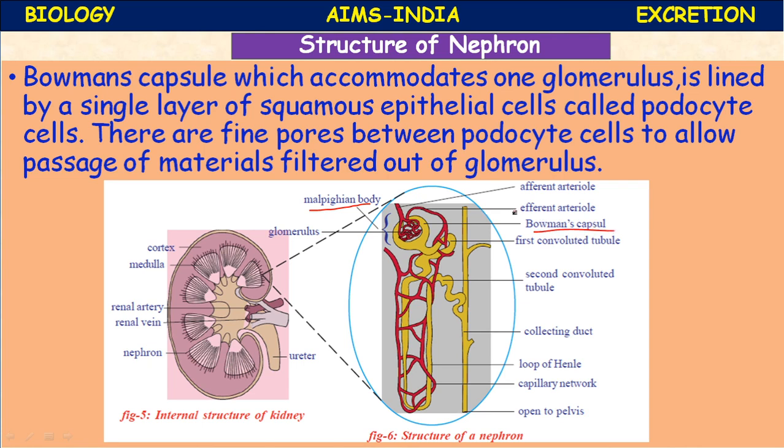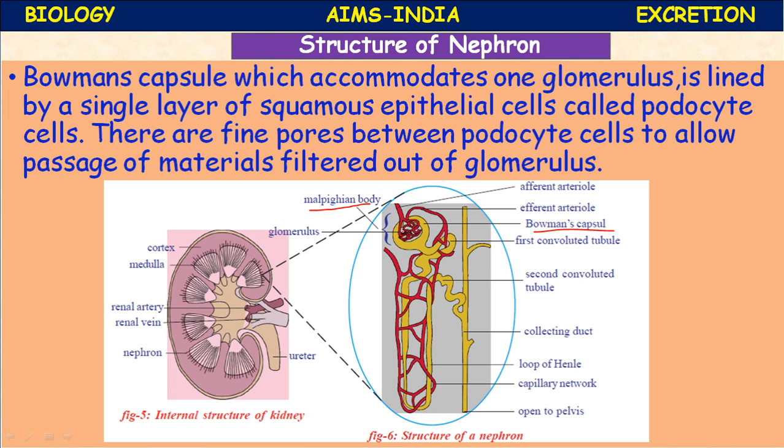The artery entering the nephron is the afferent arteriole. The renal artery is divided into minute capillaries called afferent and efferent arterioles. The afferent arteriole enters the nephron and comes out as the efferent arteriole.